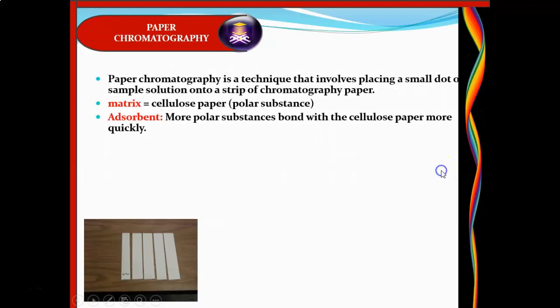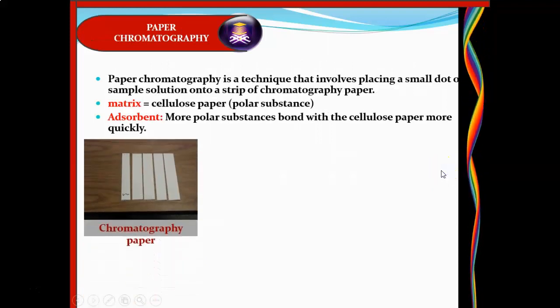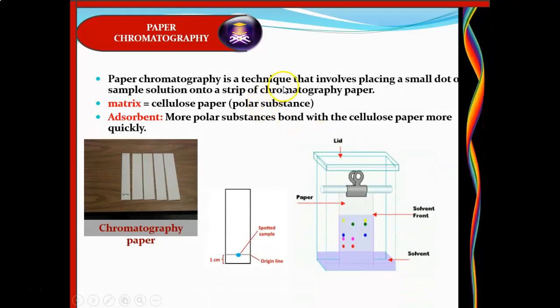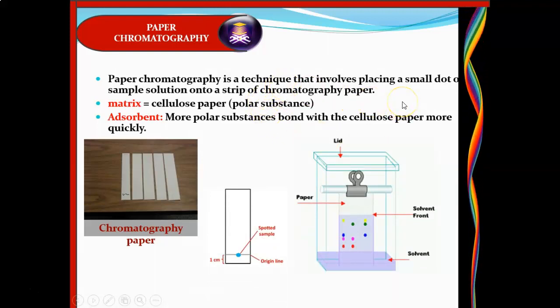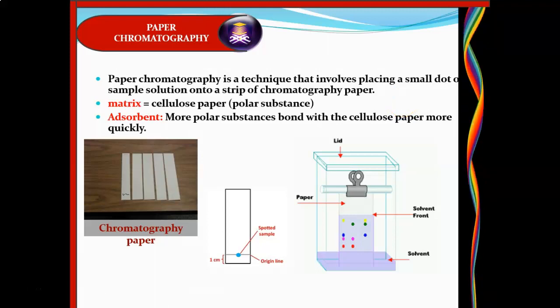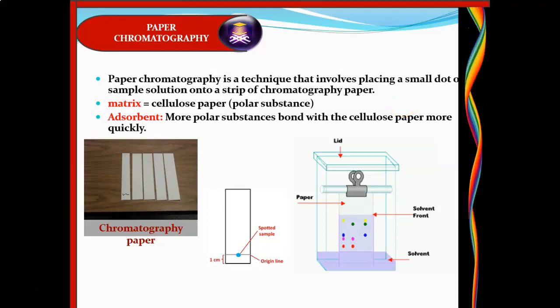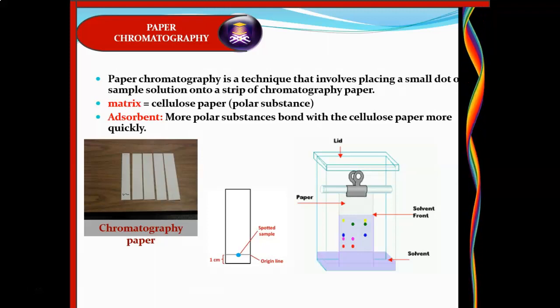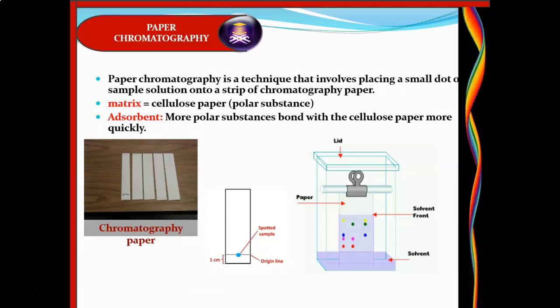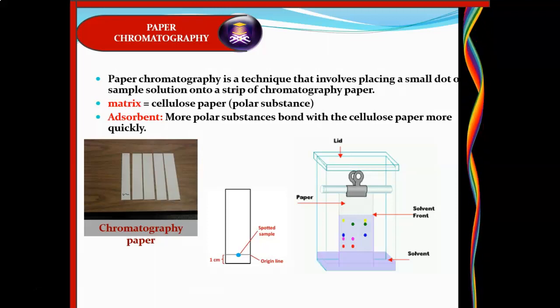Okay, we look at the paper chromatography illustration. Paper chromatography is a technique that involves placing a small dot of a sample solution onto a strip of chromatography paper. The material we use is a cellulose paper, which acts as a polar substance.